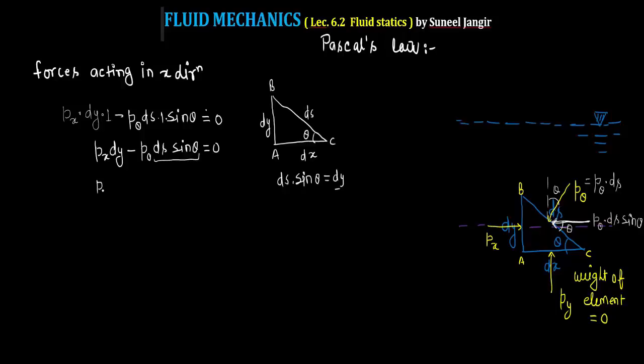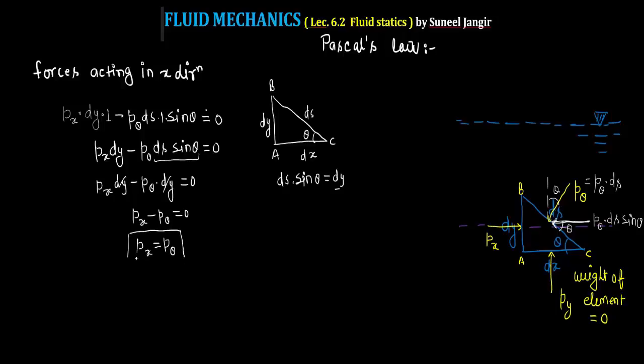So this is px dy minus p theta dy equals 0. From this, dy is common, so we can write px minus p theta equals 0, and now we can write that px is equal to p theta.